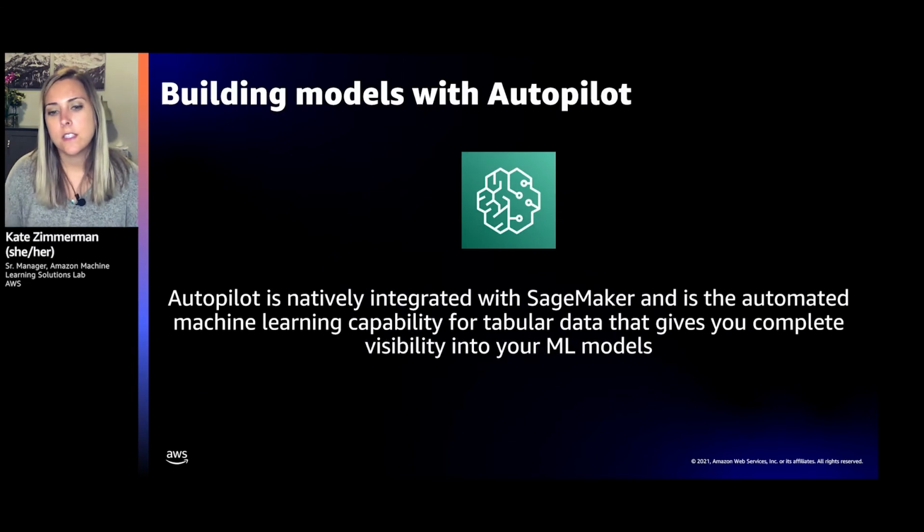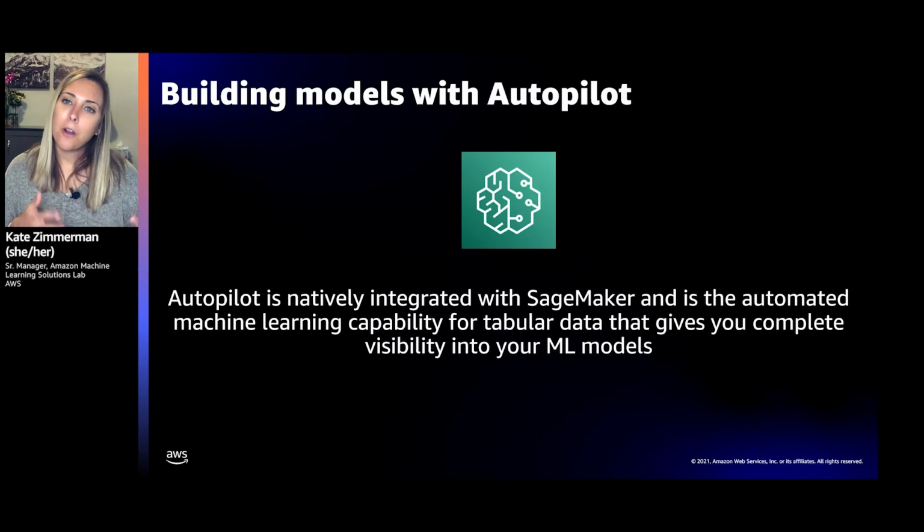And the second service that we're going to spend a lot of time on today is Amazon SageMaker Autopilot. Autopilot is a little different than AutoGluon in that it is actually natively integrated into the Amazon SageMaker platform. So you'll see in the demo that we'll pull up the SageMaker Studio UI, click through a bunch of different elements. It's actually fully integrated into the service, into the SageMaker service.